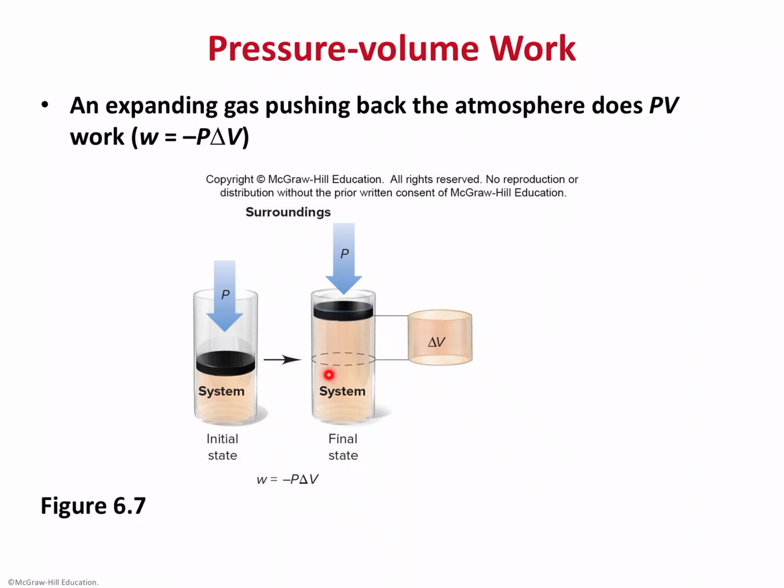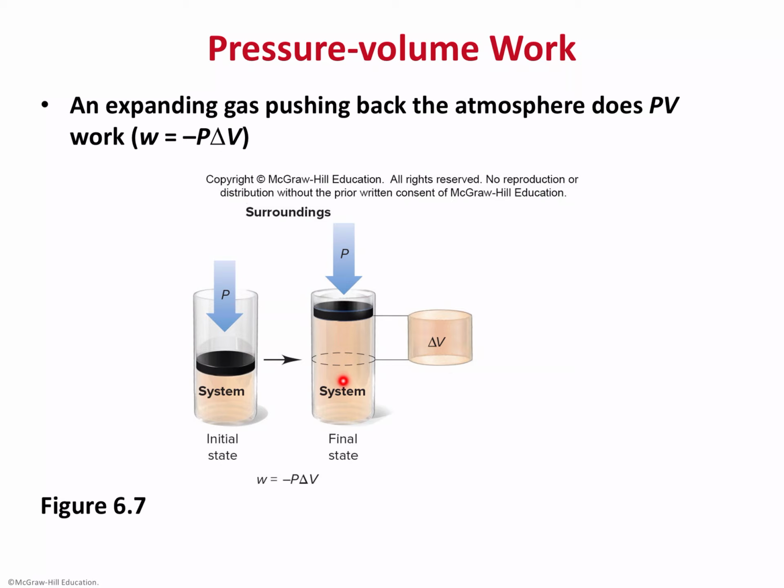Now in this case, who is doing the work? Is the system doing the work or the surroundings? The system is doing the work against the constant pressure. So is the system losing energy or gaining energy? The system is losing energy, right?